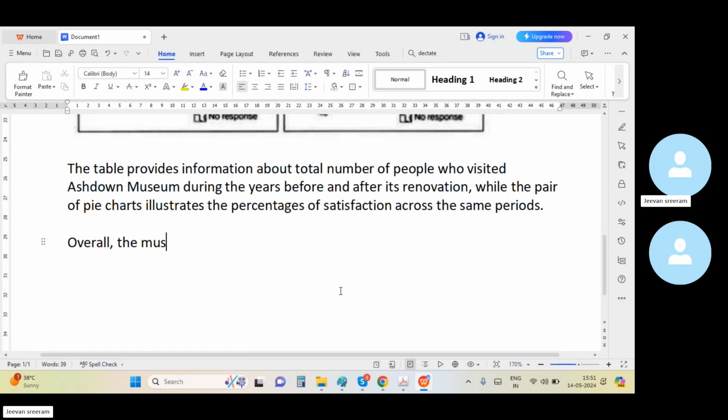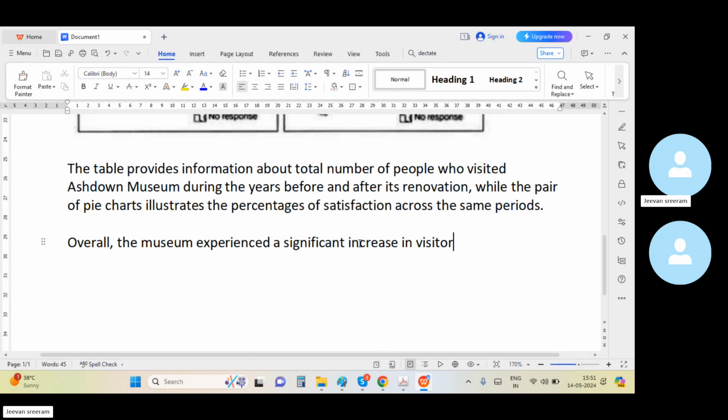The museum experienced a significant, of course, significant rise. Rise means increase. Significant increase, right?